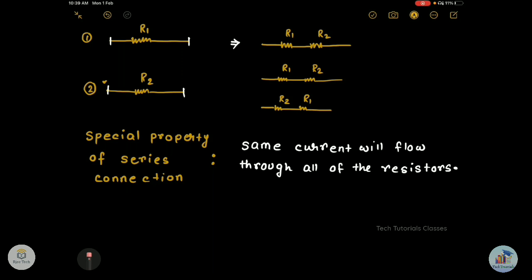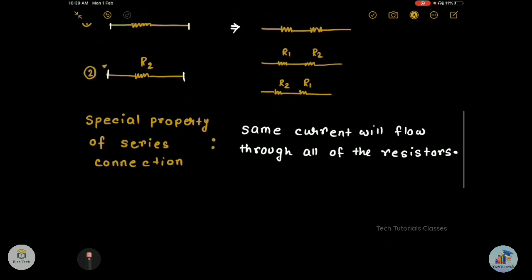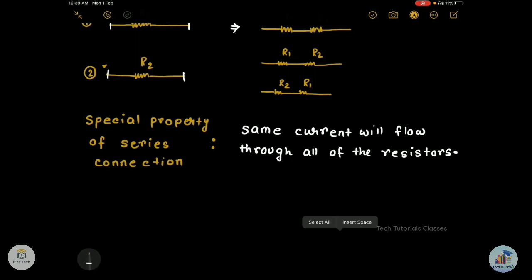So what happens in a series connection is that the same current will flow through all the resistors. How is this happening? So let us see. Suppose I take a circuit that forms a series connection. So suppose this is R1 connected to the other end of resistor R2. So this will form a series connection, right, from the definition.